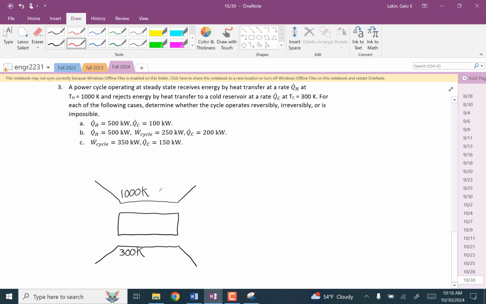It's a power cycle, so we have heat QH coming into the system, heat QC leaving the system, and work W being done. And the first law, in this case, for the differential form in steady state, we have that QH dot is equal to W dot plus QC dot.